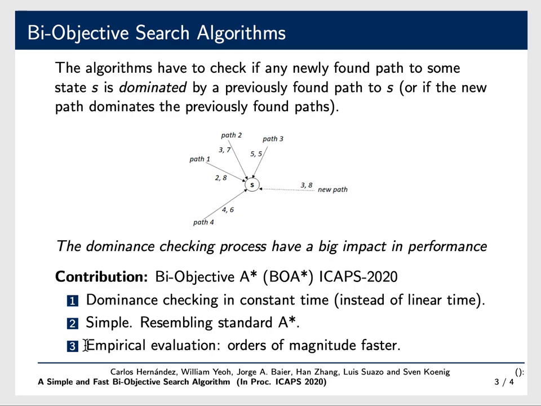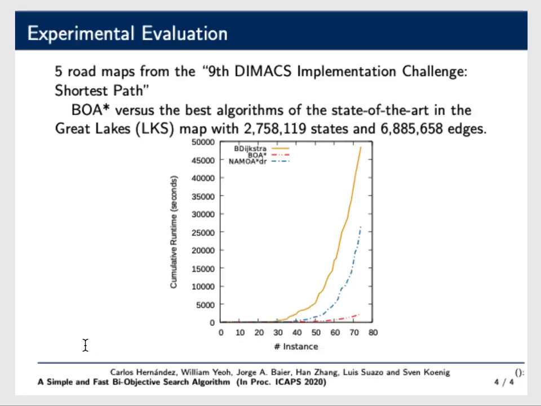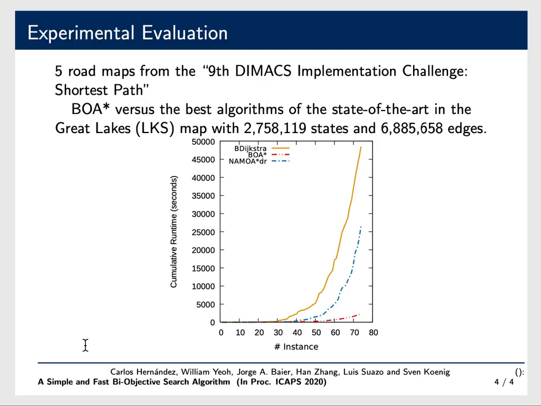Finally, in our empirical evaluation, which I'm going to show you a little bit of now, we show improvements that are quite significant with respect to the state of the art. We compared on 5 roadmaps of this competition.